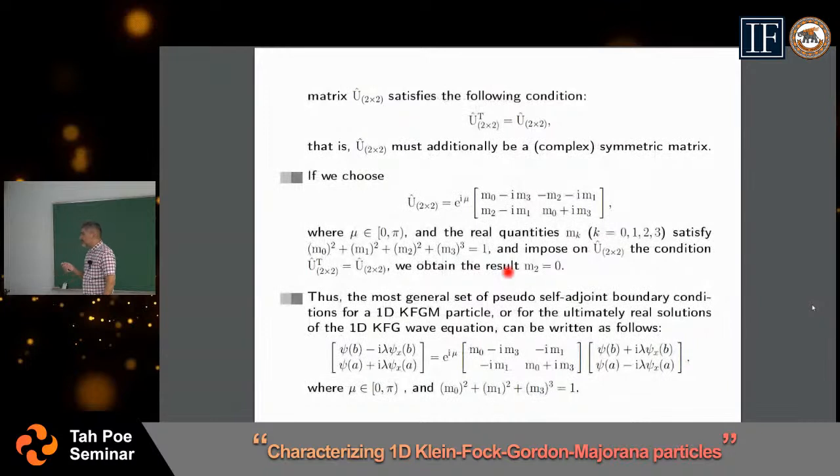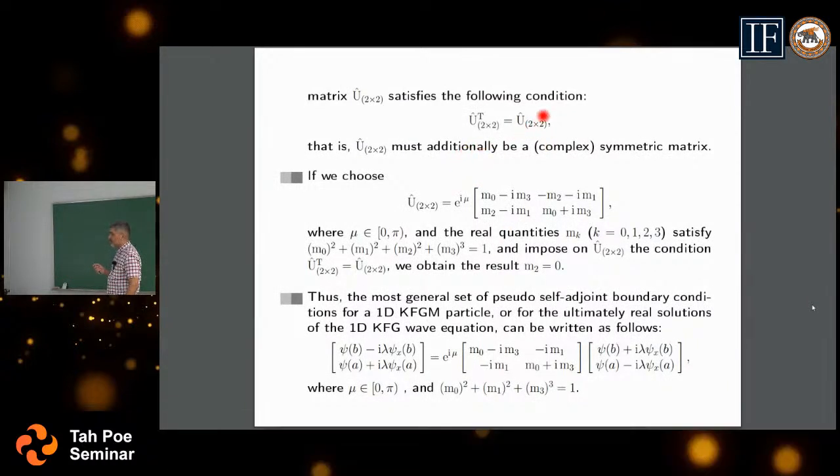So the matrix is unitary, but also symmetric. You prove this. And this condition, together with the other condition, the unitary one, reduces the real parameters to 3 parameters. So the matrix relating the most general family of boundary conditions in this problem, when you describe a Majorana particle, a real wave function because you have a scalar field, depends on 3 parameters, not 4, because M2 must be 0.